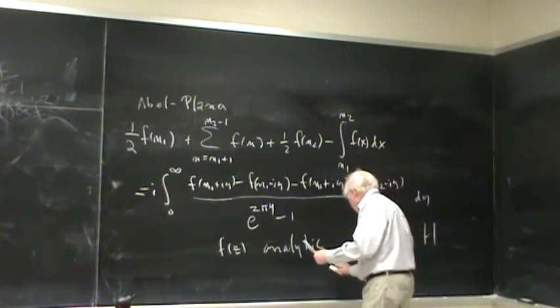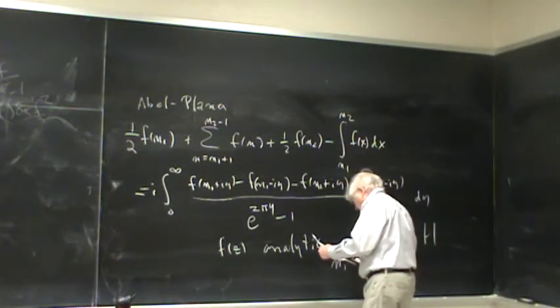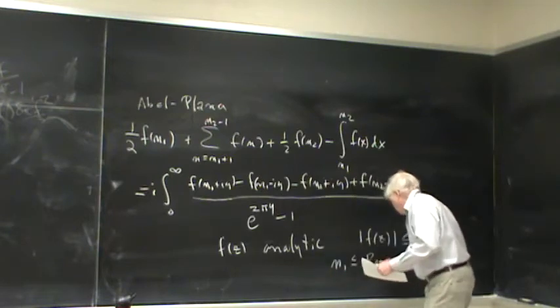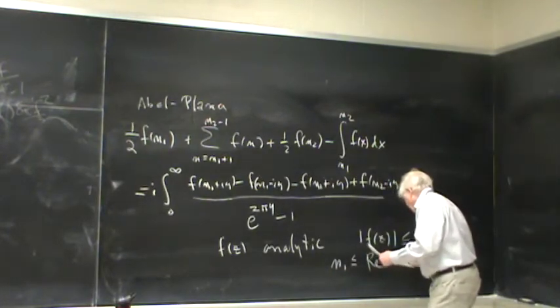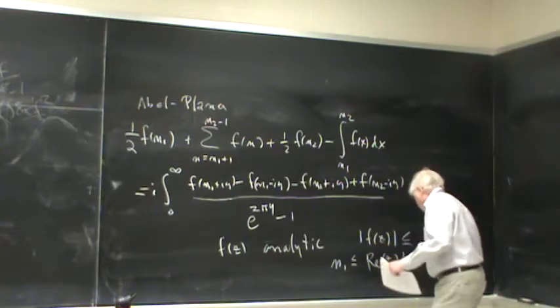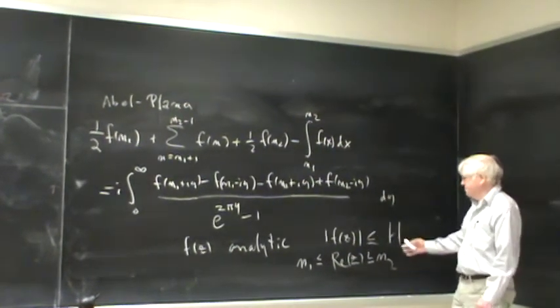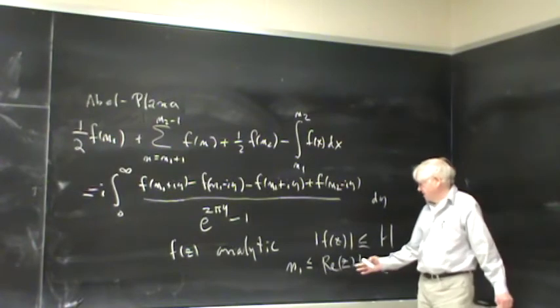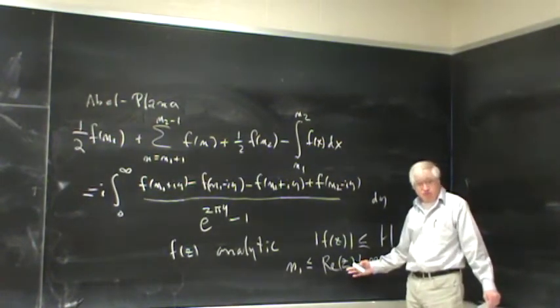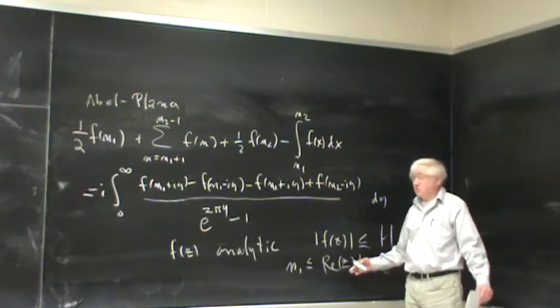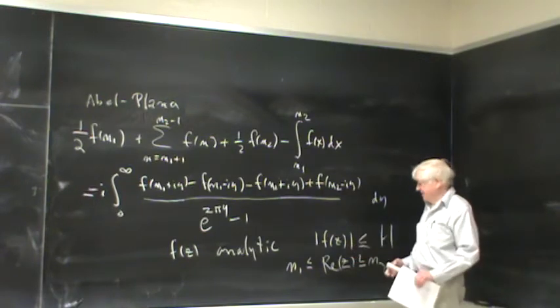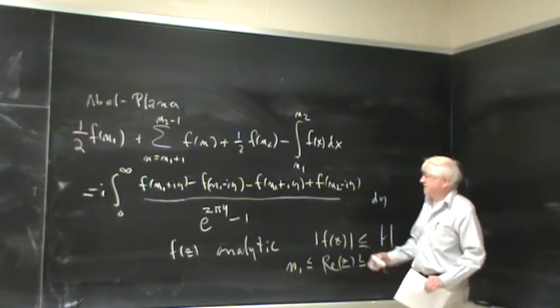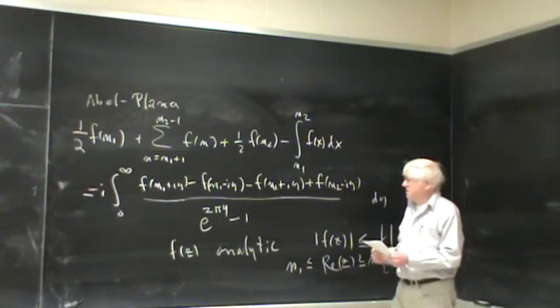It's analytic and bounded for n1 less than or equal to the real part of z less than or equal to n2. Notice we have analyticity, and the bounds are on the real part of z. So we have some region between n1 and n2 where it's analytic and bounded. Then you have this result.